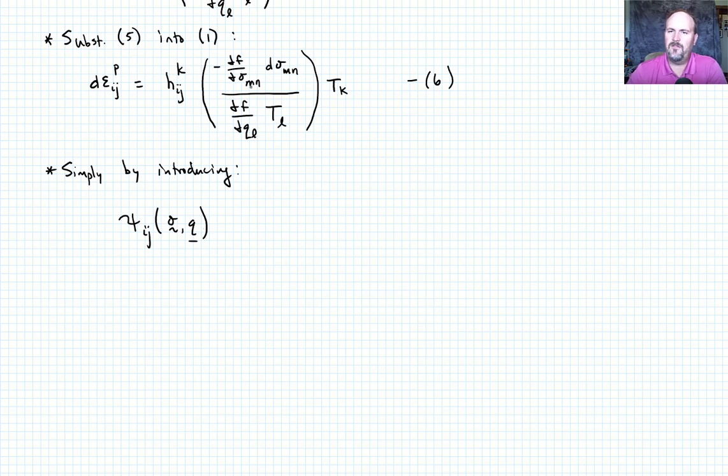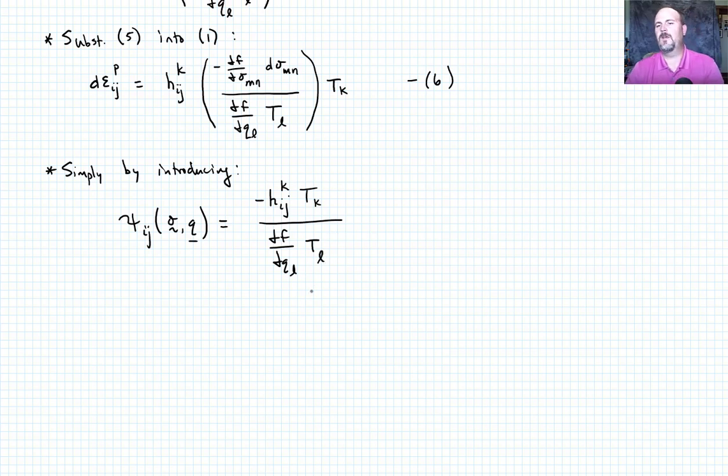So we can pull out from here anything that might be a function of sigma and q. And so what we could write it as is, how about negative hij times k times tk divided by the partial of f with respect to ql times tl.